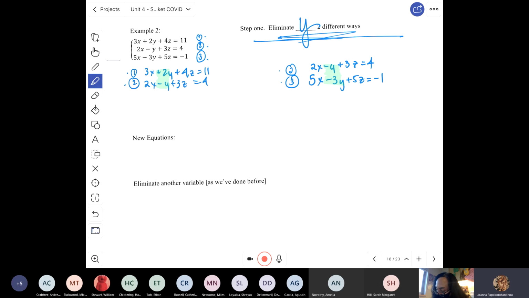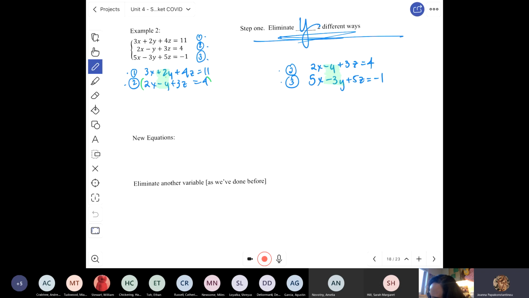Because if I add the two equations together, I want to be able to eliminate y. What might I do to the second equation so that I get those to be opposite coefficients? I have a positive 2y and a negative y.